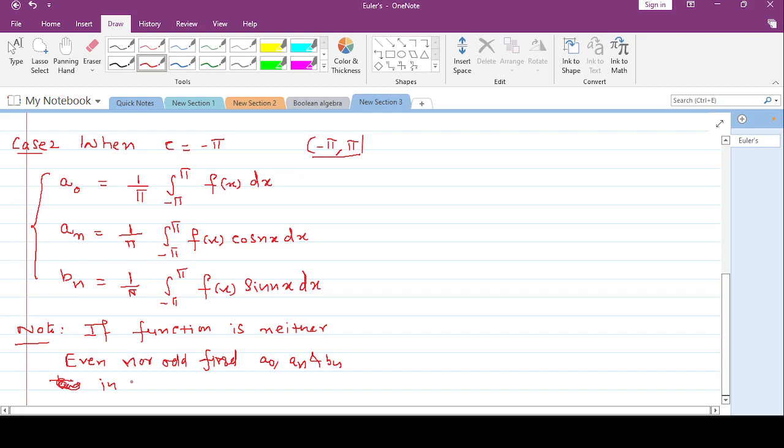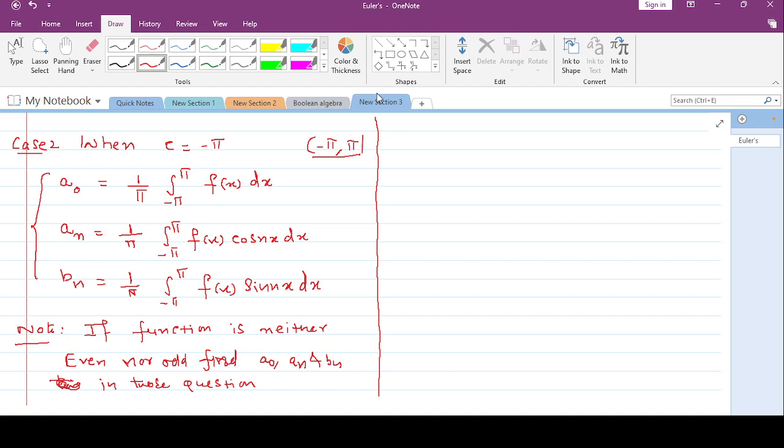By that I mean that if your function is neither even nor odd, then you find all the values a naught, a_n and b_n. But our task gets reduced in other cases.